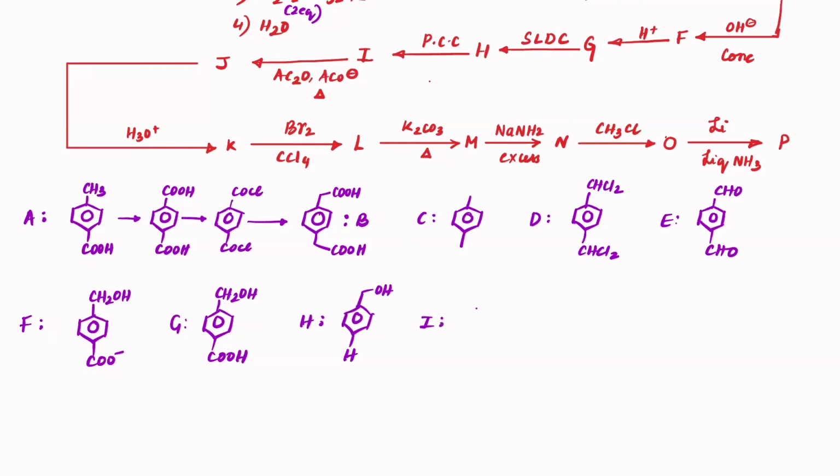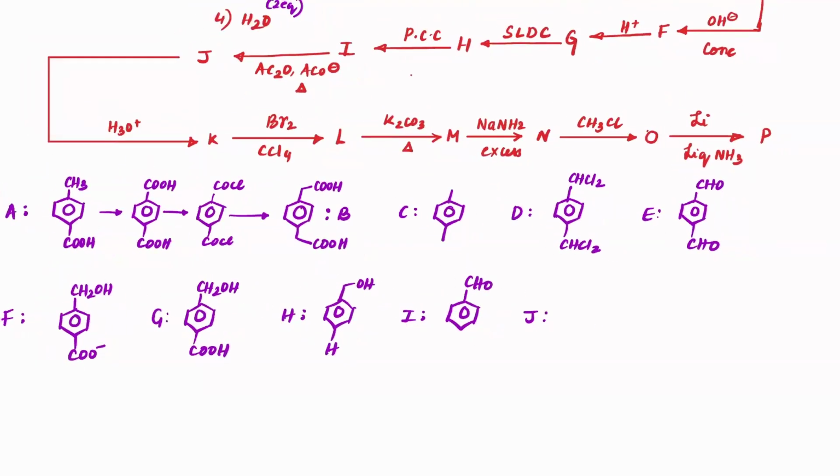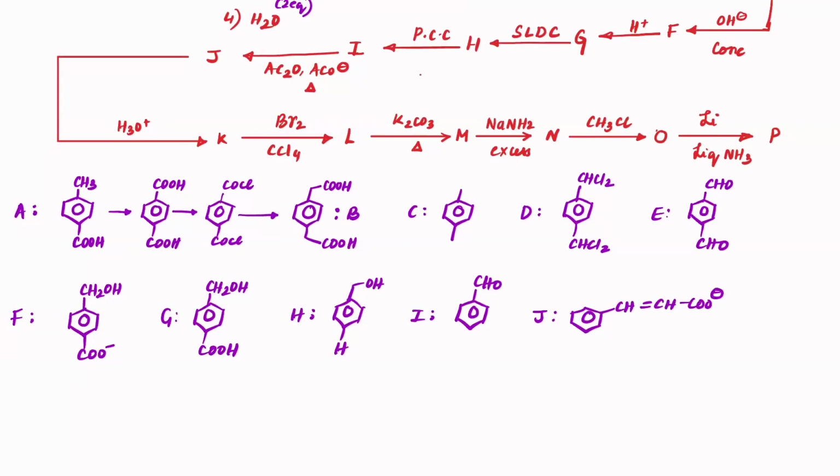I is using PCC, you will oxidize this to benzaldehyde. Benzaldehyde, when you react with Ac2O and AcO minus, this is Perkin reaction.